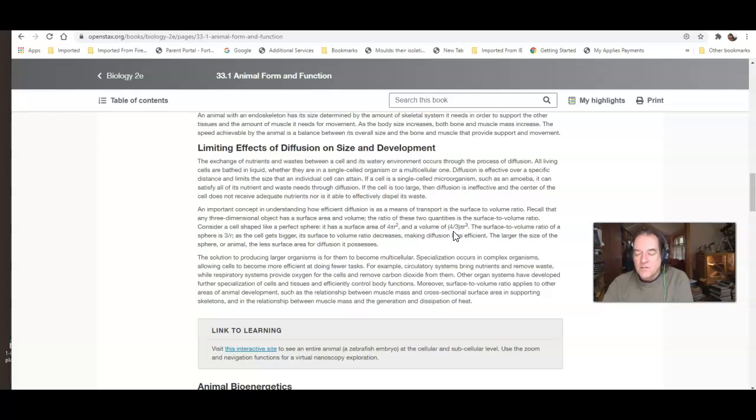So what this means is, as cells get larger and larger, their ability to exchange materials with the outside world, oxygen in, let's say, CO2 out, nutrients in, waste products like ammonia out, all of that becomes harder and harder as the cell gets larger and larger. And finally you reach a size where that doesn't work anymore, and that kind of defines the maximum size of an animal cell.